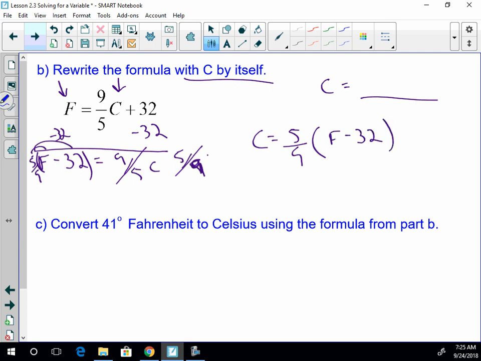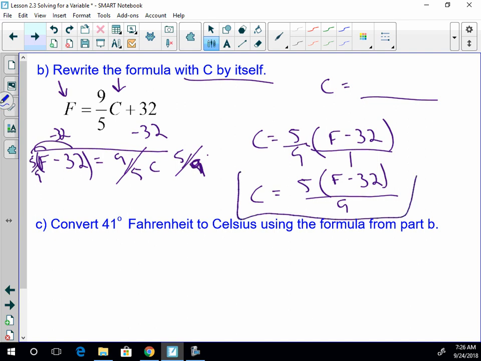And if I'm really multiplying here, I have this as a numerator of F minus 32 over 1. And if I multiply fraction times fraction, C is really equal to 5, and then parentheses F minus 32 in the numerator. And then the denominator is 9 times 1, so I have the whole thing over 9. Okay? So that would be our complete answer.